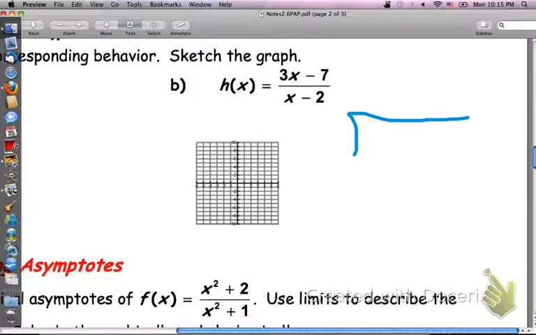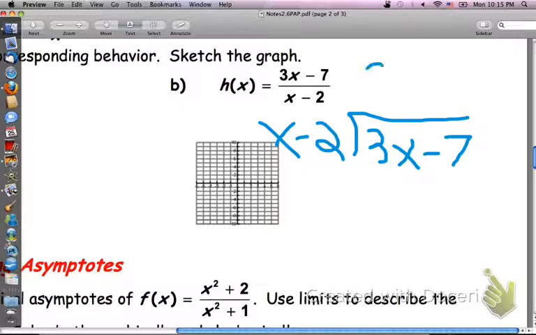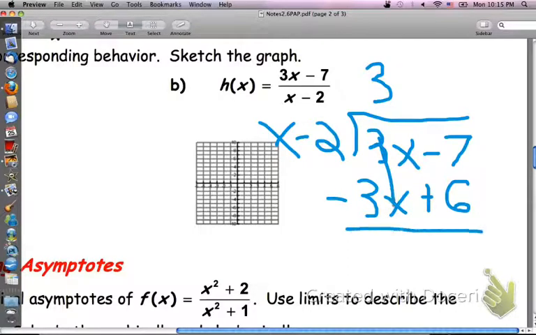So we want to divide 3x minus 7 by x minus 2. So x will go into 3x 3 times. So we get 3x minus 6. Changing our signs simplifies to negative 1.